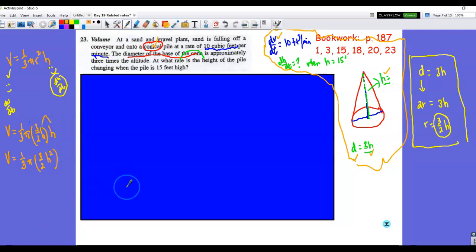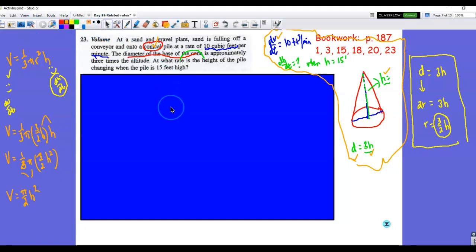All I did was multiply those together. No calculus yet. I'm going to clean it up again. I'm going to multiply 1/3 times 3/2. So that'll give me V equal to, the 3's divide out and give me pi/2 h squared. So now I have a clean volume equation that I can easily differentiate.